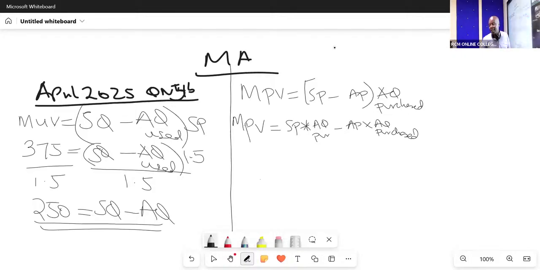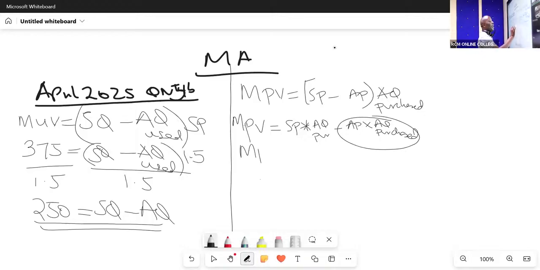Is that okay? Can somebody give me the name of this? When you take actual price per kilogram times actual quantity, you get actual material cost. I can write this very well.